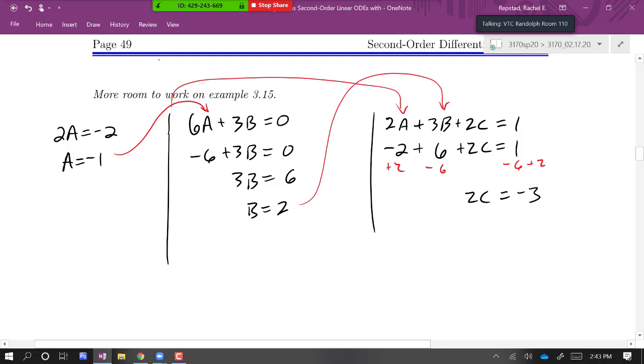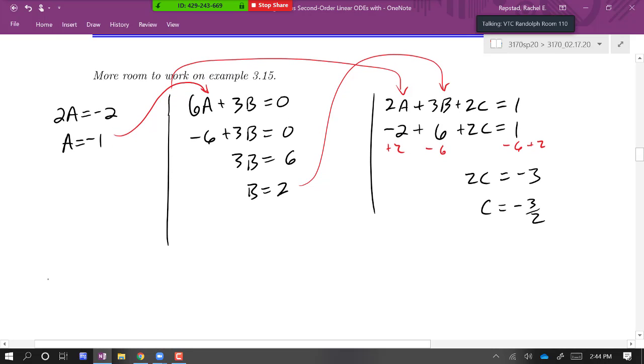So C is negative 1.5, or negative 3 halves. So A is negative 1, B is 2, C is negative 3 halves. So x particular is negative t squared plus 2t minus 3 halves.